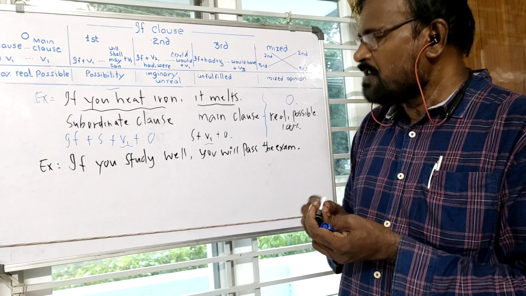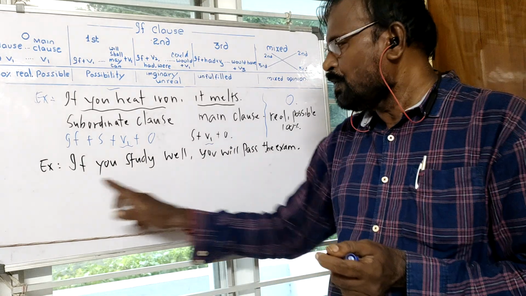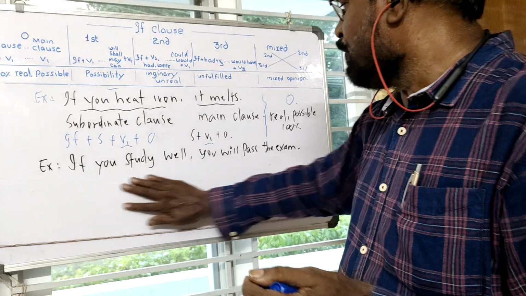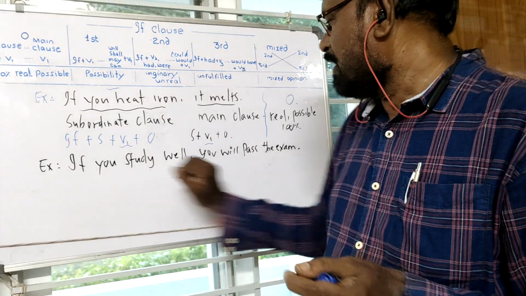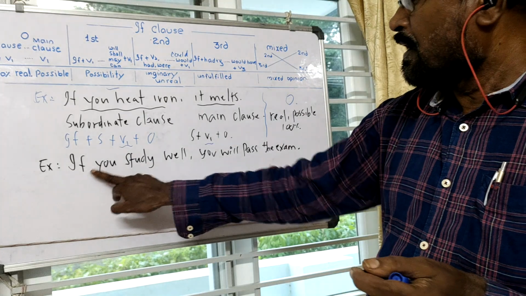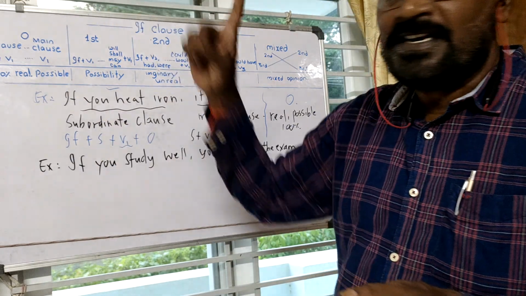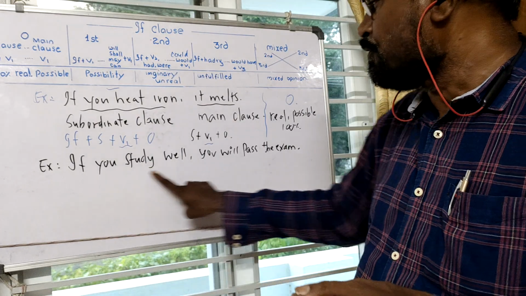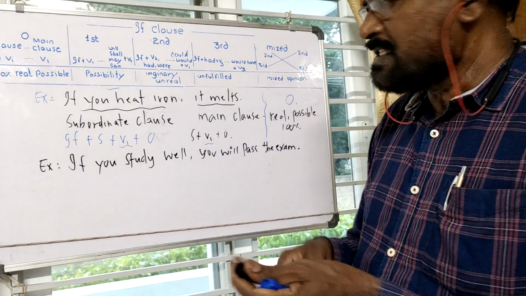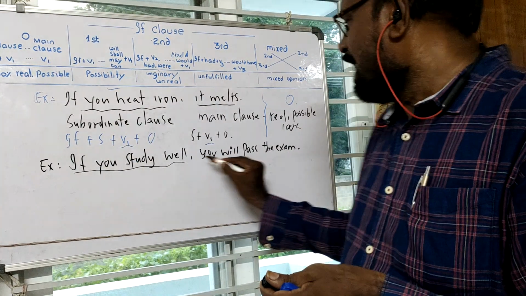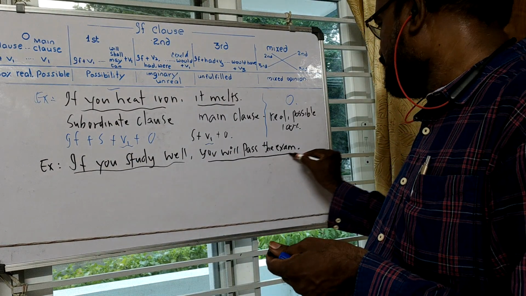Here it is also divided into two parts. It is the subordinate clause because it started with the subordinate conjunction: if you study well. It is an if clause, and you will pass the examination.